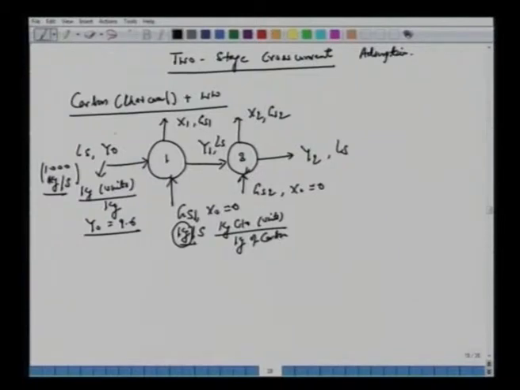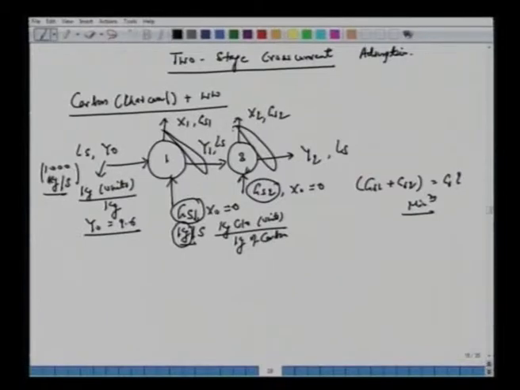The question asked here is what is the optimum amount of charcoal required. So we have to determine the minimum amount of charcoal required. The flow rates of GS1 and GS2 are not known. We are assuming ideal stages, so X1, Y1 are determined by the equilibrium, and X2, Y2 by this equilibrium.